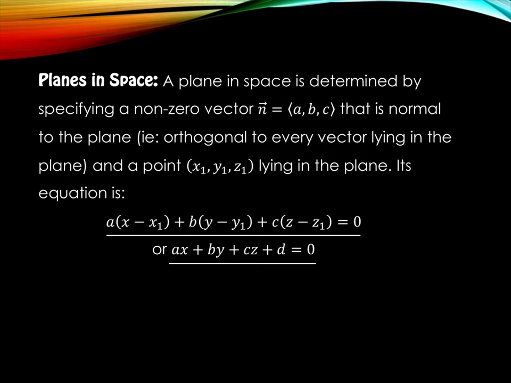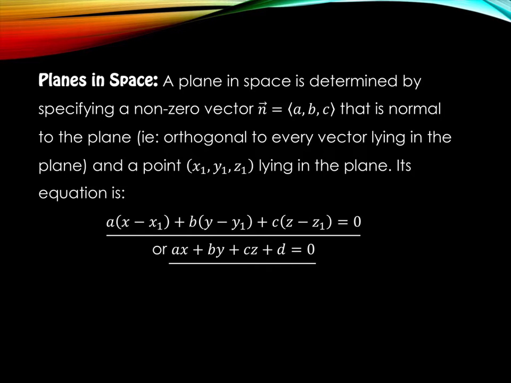Remember, that's perpendicular to every vector lying in the plane. And we have this point P, x1, y1, z1 lying in the plane. And the equation then is going to be a times x minus x1, plus b times y minus y1, plus c times z minus z1, which equals 0.